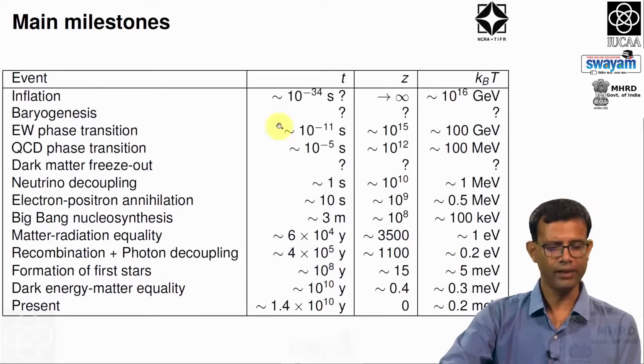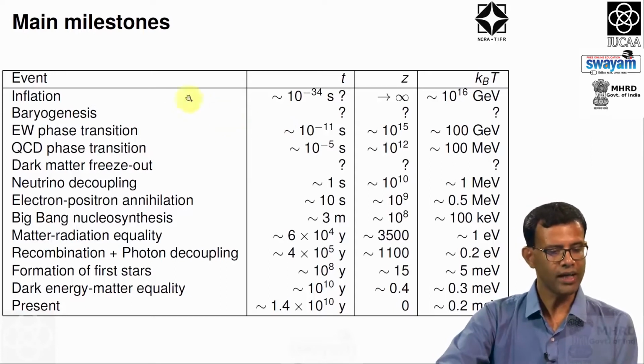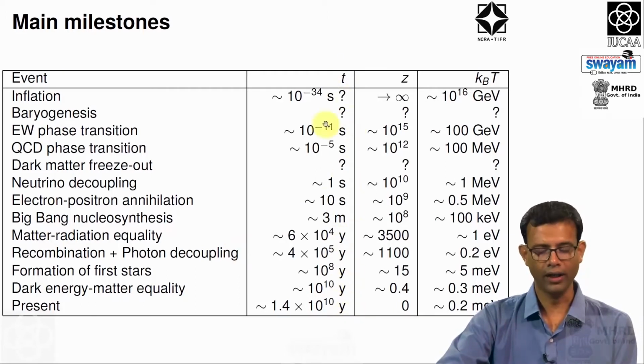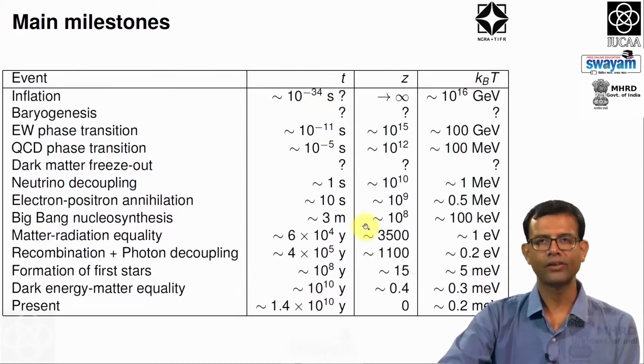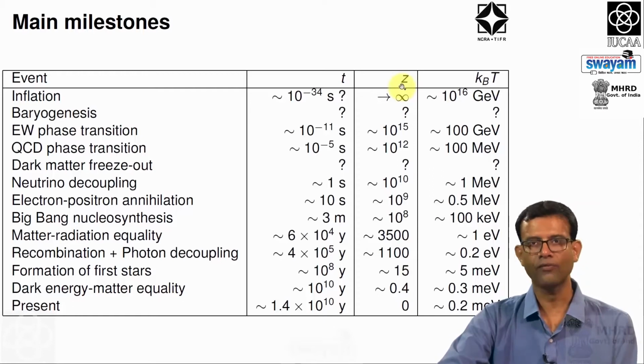So, keeping this in mind, let us try to list some of the major milestones in our universe. What I have done here is list the events, the time at which we believe they have occurred starting from the Big Bang, at least to the order of magnitude, the corresponding redshifts, which you can of course convert to the scale factor or the size of the universe, and the corresponding temperatures in units of electron volts.